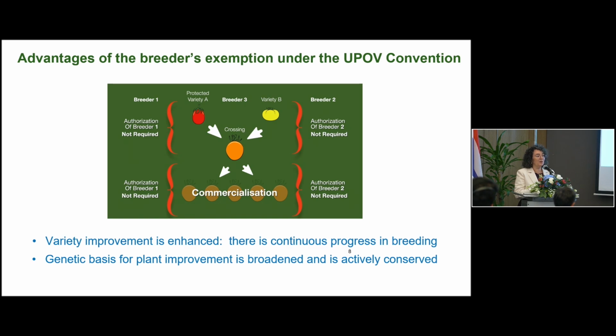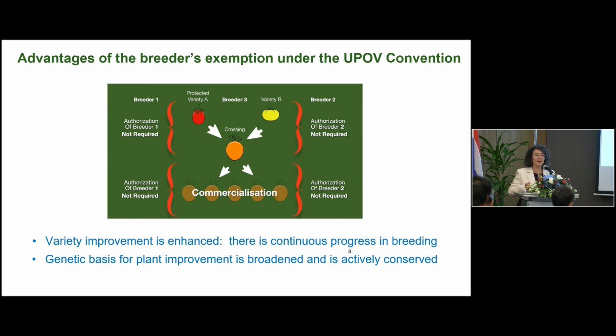One of the key pillars of the UPOV system is the breeder's exemption, because the philosophy at the heart of the UPOV Convention is continuous progress in breeding. Continuous progress in breeding is facilitated by the first element that we discussed, how we can ensure there is investment to develop the varieties, and once those varieties are developed and protected, it is possible to recover the investment.